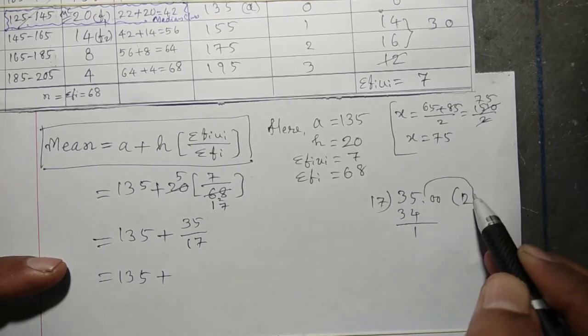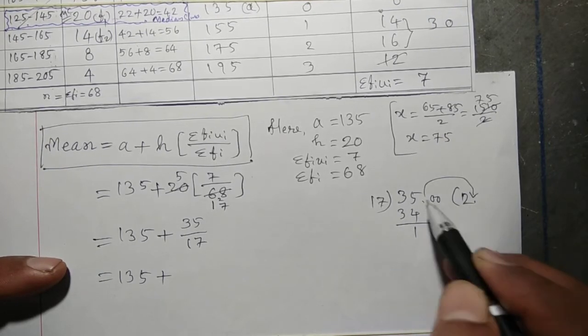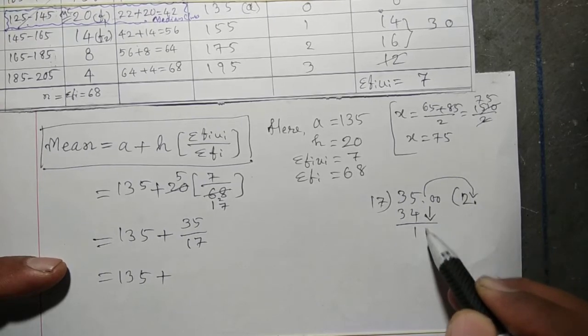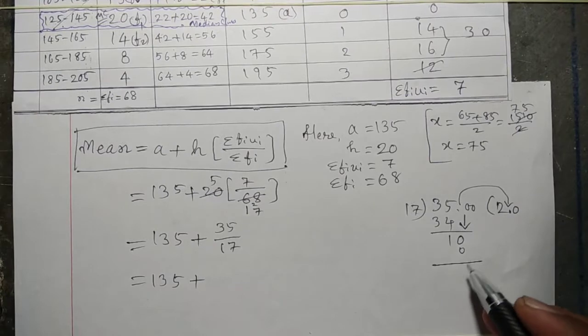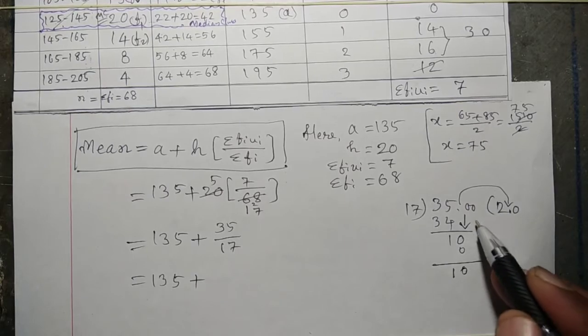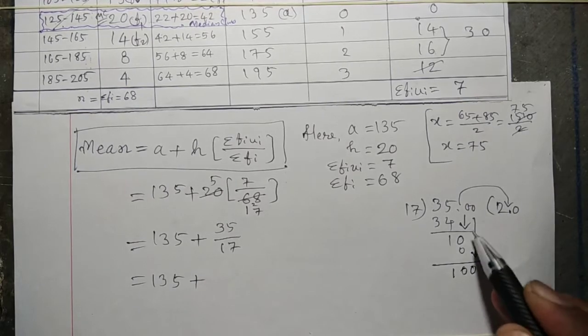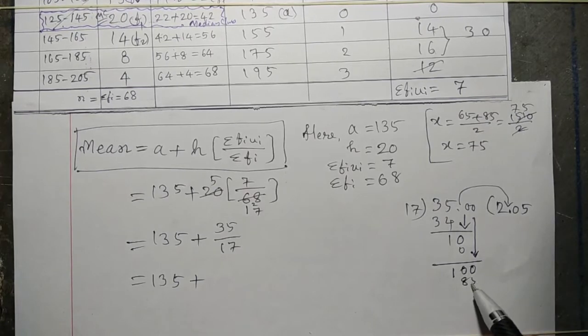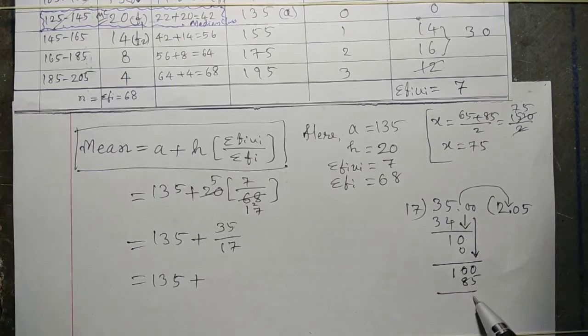Keeping the decimal point, placing the decimal point in the quotient, then bring down 0. 17 zeros are 0, bring down 0. 17 fives are 85, 5, 10 minus 5 is 5, 9 minus 8 is 1.